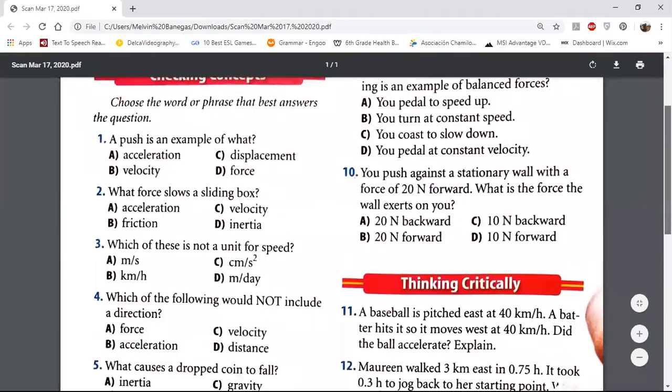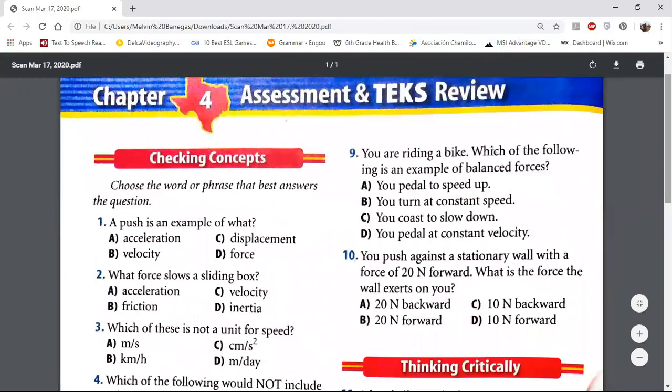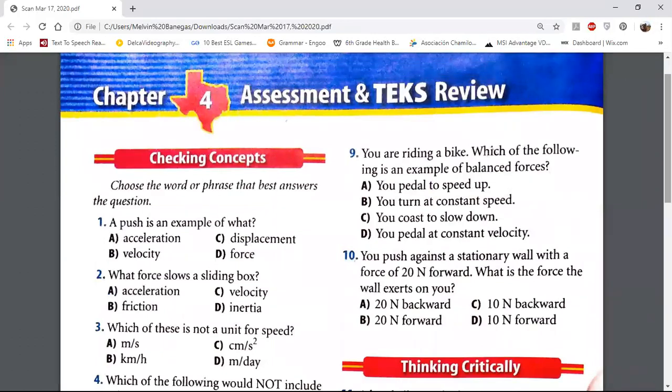Okay, number 9, we are almost done. Number 9 says, who wants to read number 9? Me. Okay, go ahead. You are riding a bike. Which of the following is an example of balanced force?